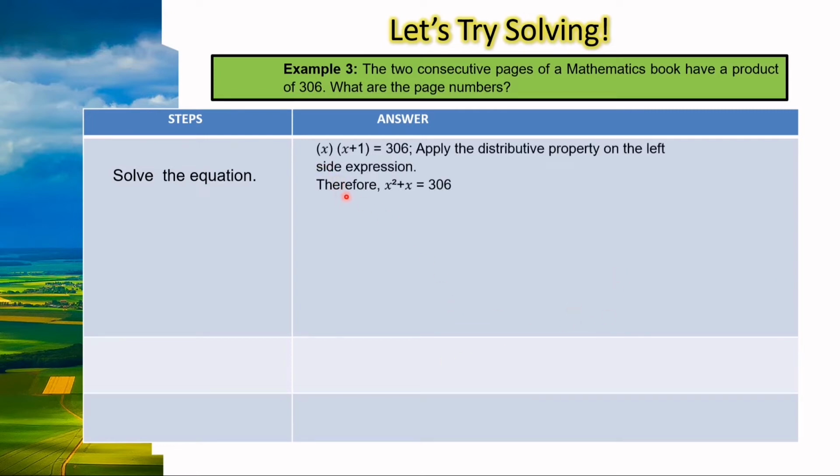The same process, we will make use of distributive property to carry out the operation. Para ma-multiply ang x plus 1, gagamitin natin yung distributive property. Multiply x and x, so you have x squared. Multiply x and 1, you have x. And simply copy 306.